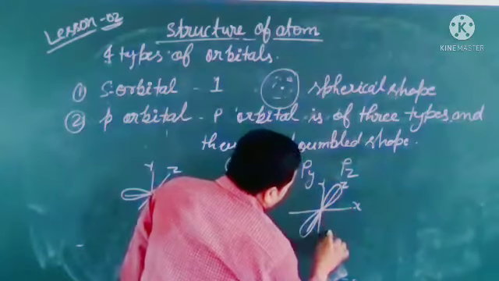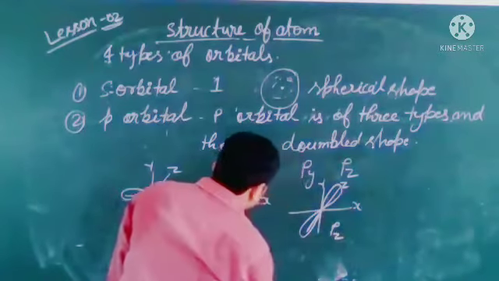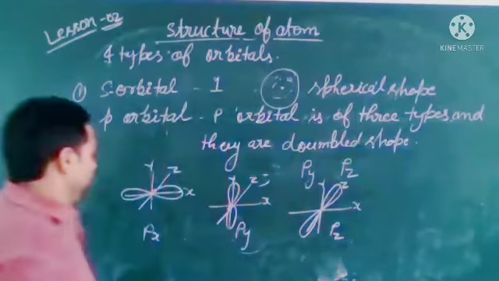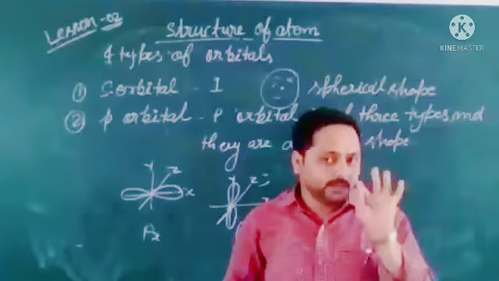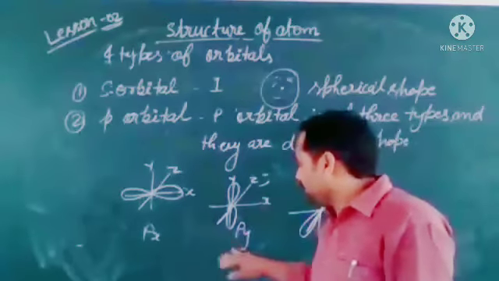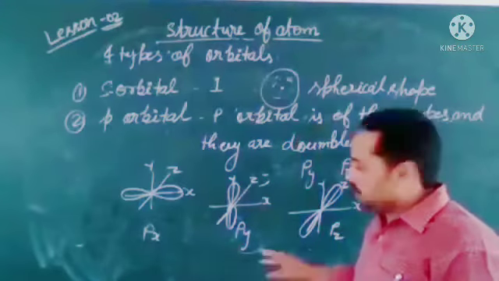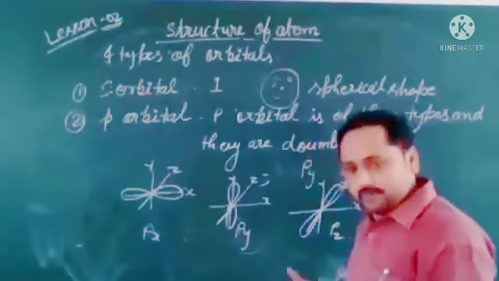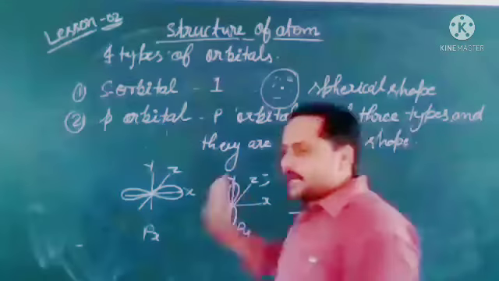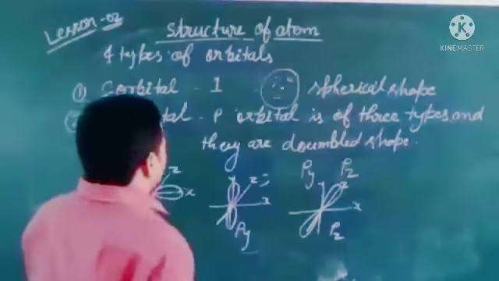So this is Pz, Py, Px. These are the three types of orbitals. The p orbital is of three types: Px, Py, Pz.